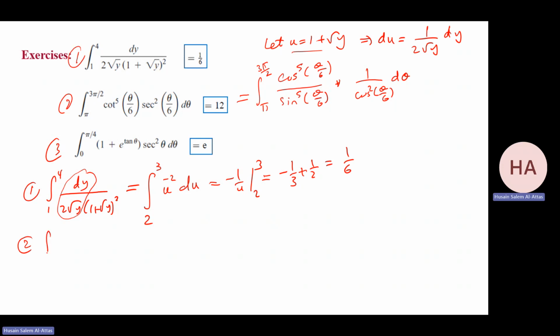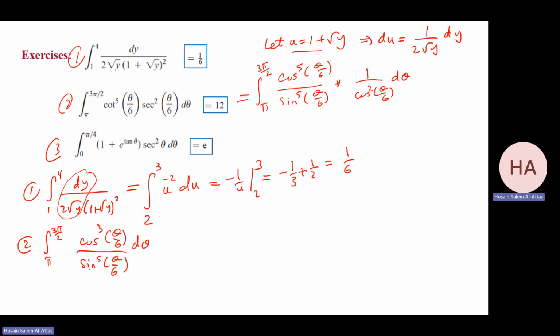Complete it. That gives me what? The integral from pi to 3 pi over 2 of cosine cubed of theta over 6 over sine to the power 5 of theta over 6 d theta. It's very clear.